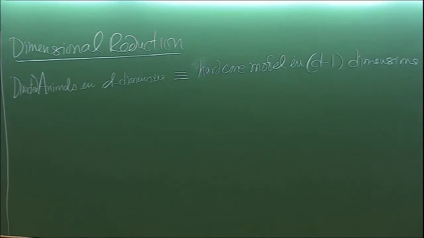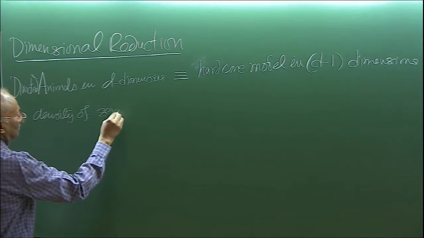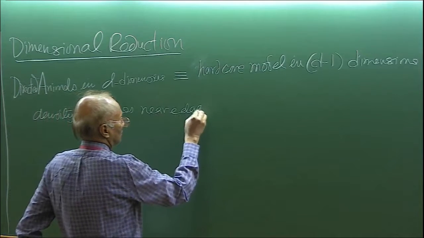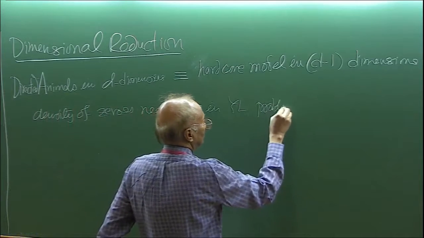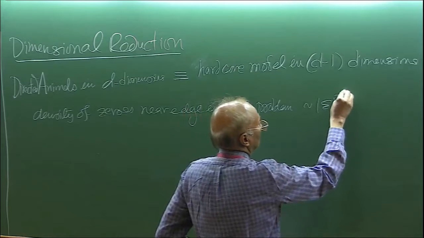For example, in the edge singularity, we had the exponent which characterizes the rate at which the density of zeros near the edge in the Yang-Lee problem goes as epsilon to the power minus sigma.